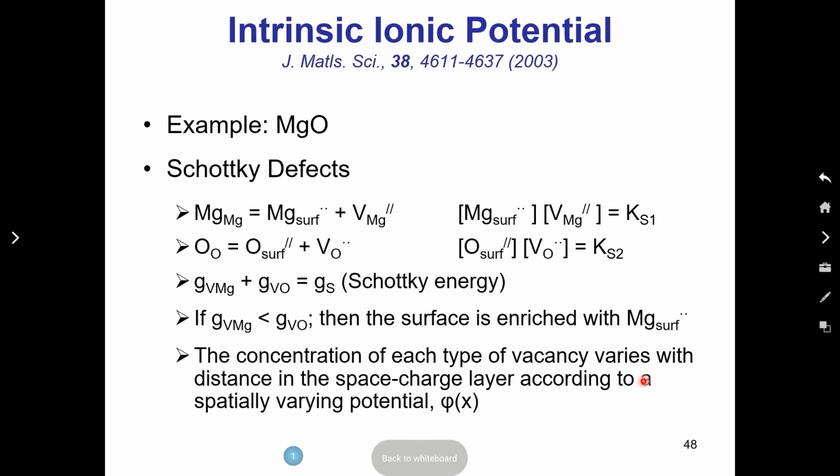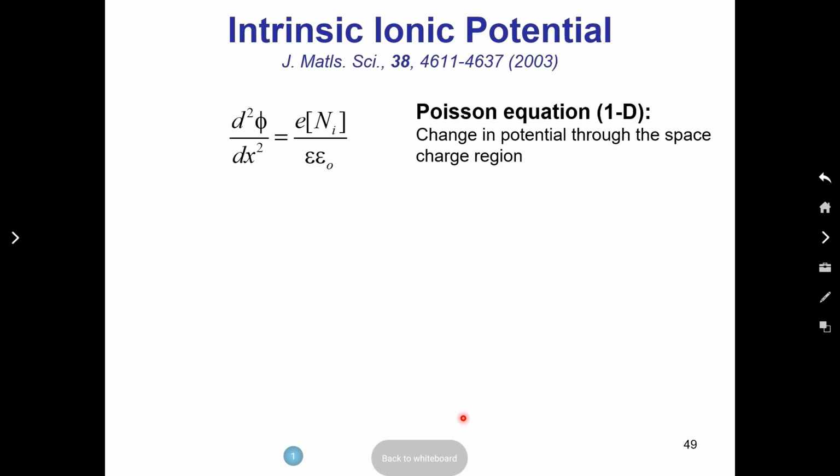So then we can look at that as an electrical potential over distance, as you move from the surface to the bulk. You can solve this by solving the Poisson equation.